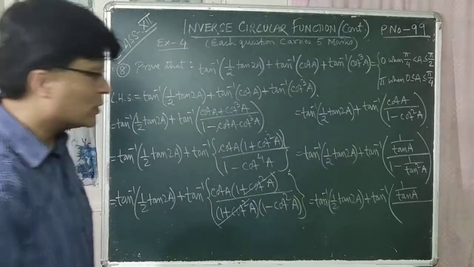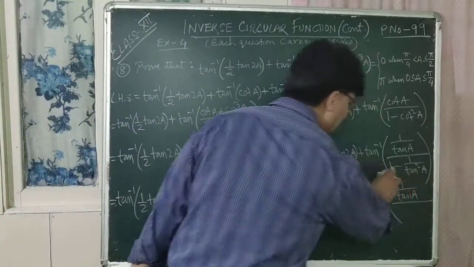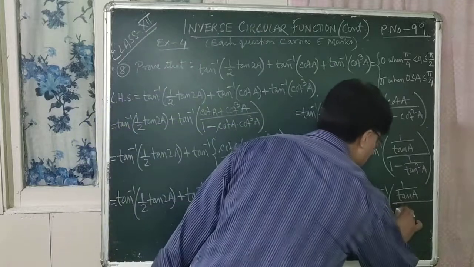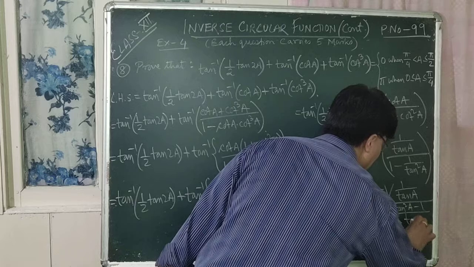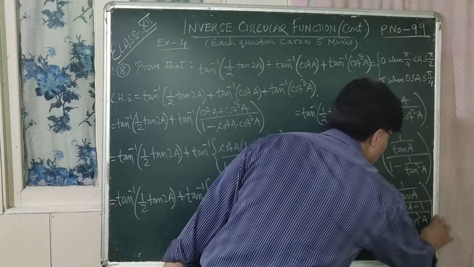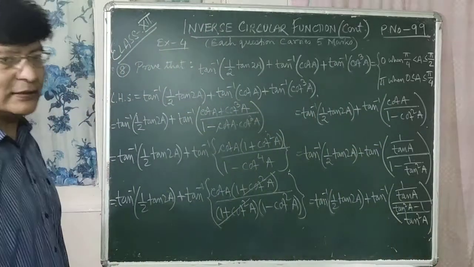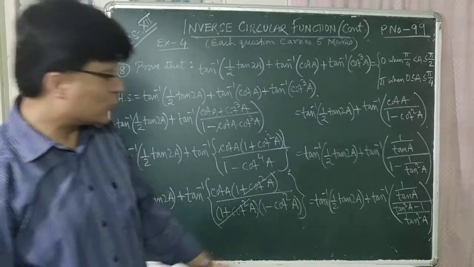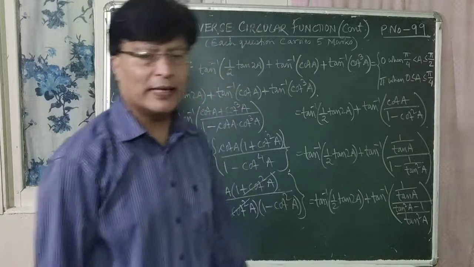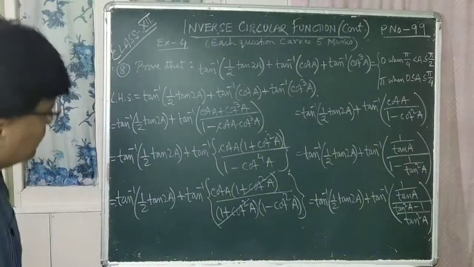And in the denominator we take the LCM. It is tan square a. Tan square a into 1 is tan square a, right? It is tan square a minus 1 divided by tan square a. Is that clear? So in the denominator, tan square a is the LCM. So what is the numerator now? Tan square a minus 1, right?